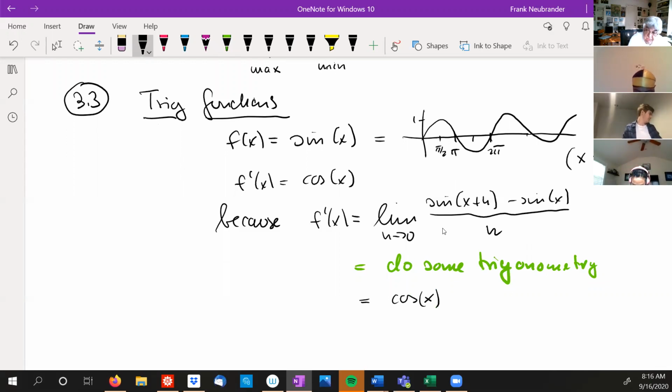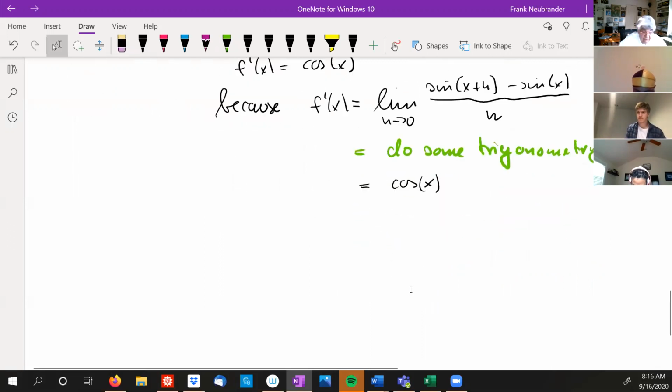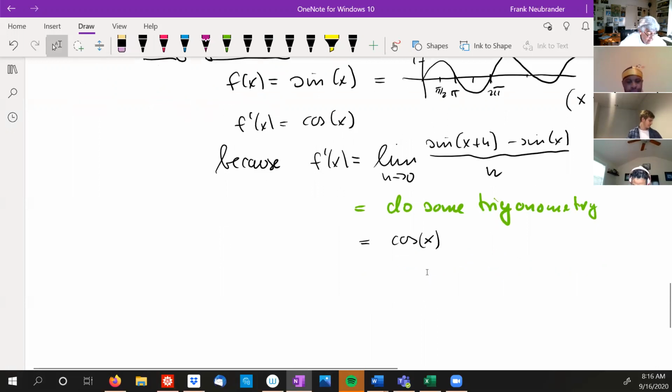What is the slope of the sine function at 0? Yeah, it's positive. If you look at it closer, it looks like the slope is equal to 1. And that's the case because f prime of 0 is the cosine of 0, which is equal to 1. So you can compute the slopes of the sine function with the cosine function.